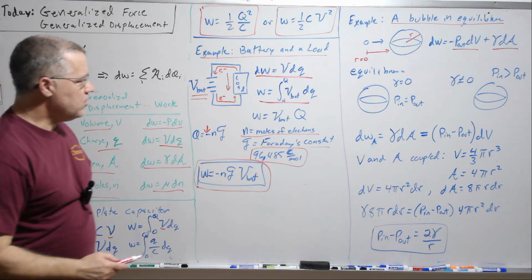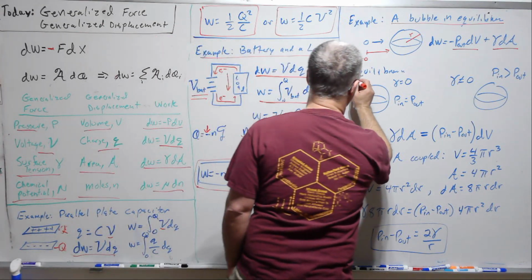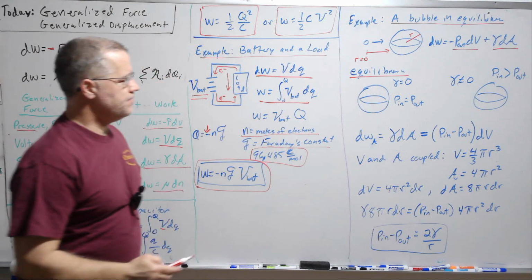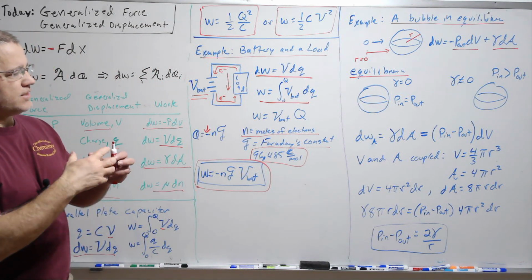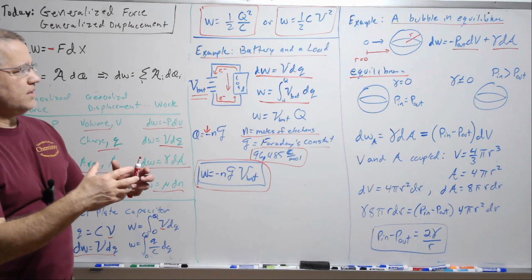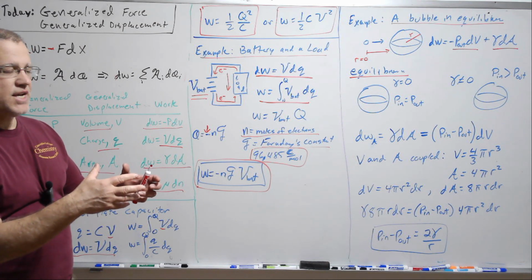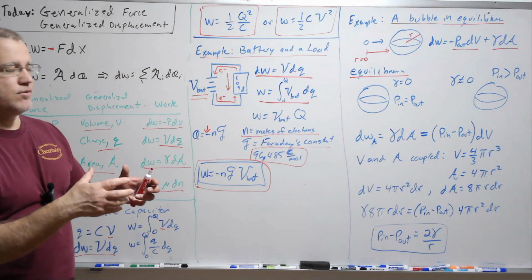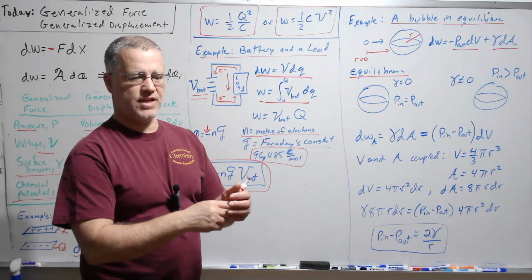All right, well, that's pretty straightforward, but it's a little more subtle when we think about what it means for the pressure inside and the pressure outside the bubble at equilibrium. So let's think intuitively about that.